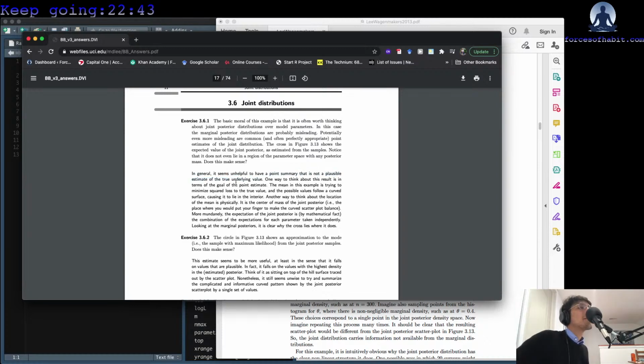One way to think about this result is in terms of the goal of the point estimate. The mean in this example is trying to minimize the squared loss of the true value, and the possible value follows a curved surface.